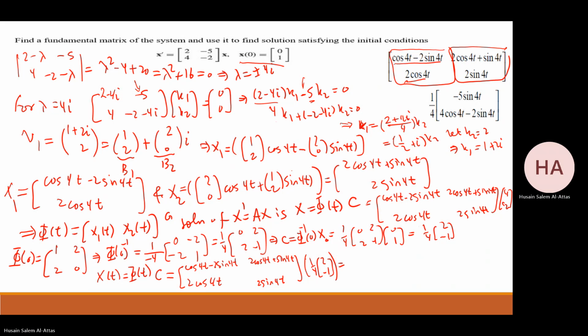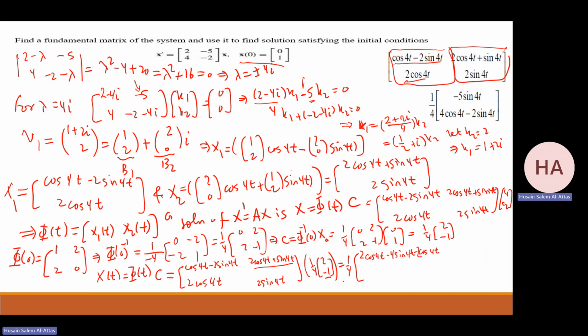Yeah, that will be 1 over 4. Here we need to be careful. This times that will be 2 cosine 2t. The space is too much. Okay, so I have 2 times the first element, 2 cosine 40 minus 4 sine 40 minus cosine 40, minus 2 cosine 40.